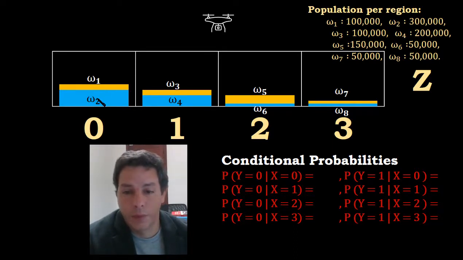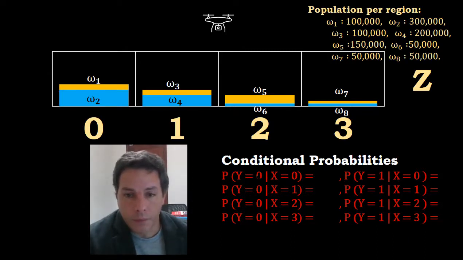It's either omega 1 or omega 2, because we know it landed here. It didn't land in the other areas. So what's the probability of y equals 0, which is inland, given that it landed in region 0? Well, that's omega 1 over the sum of omega 1 and omega 2. We know that the sum of omega 1 and omega 2 is 0.4, and omega 1 is 0.1. So 0.1 over 0.4 is 0.25, or 1/4.